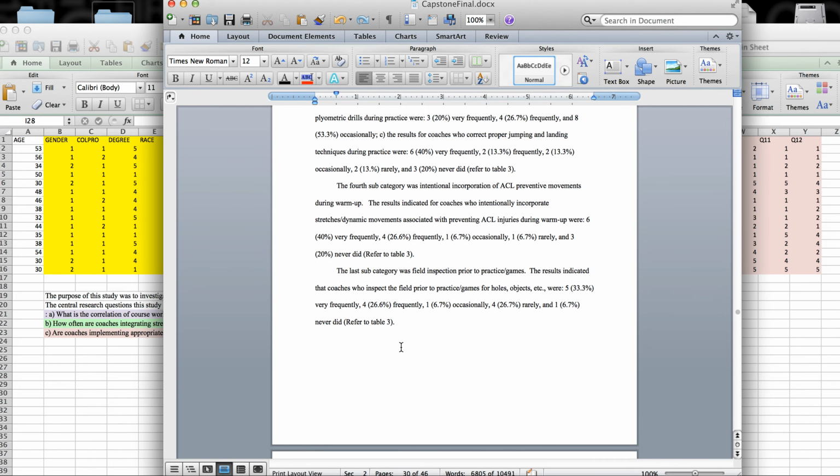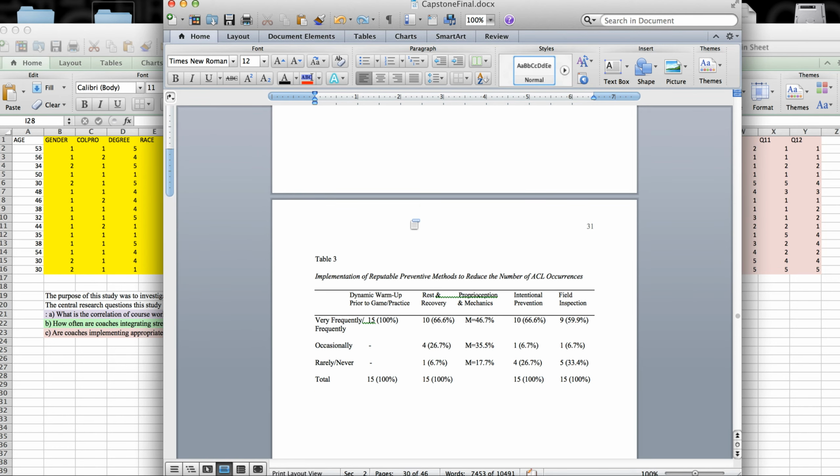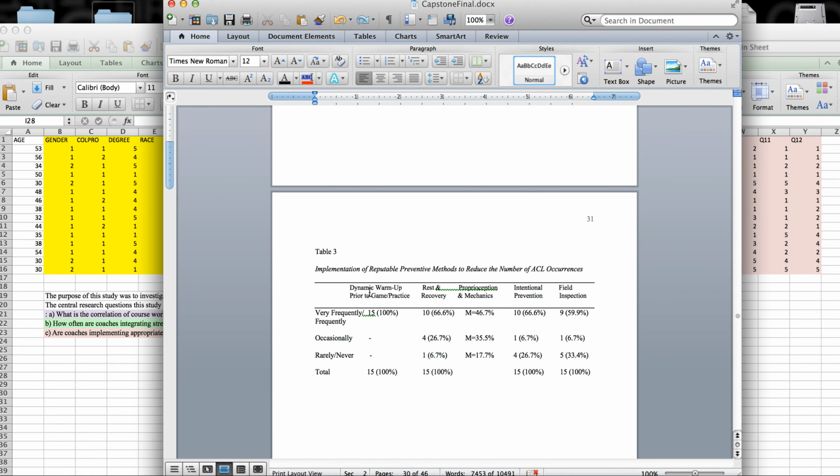Now, one thing I would have done in assisting this student is she needed one more sentence or possibly 2 to give an overall summary of all of those subgroups, and I feel like she left us hanging a bit. But if you do look at her table, it's quite clear. She gives each of those 5 subheadings right here, and then she provides the summary here and gives us our totals there.